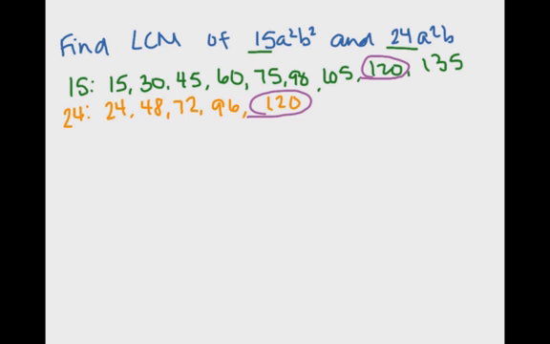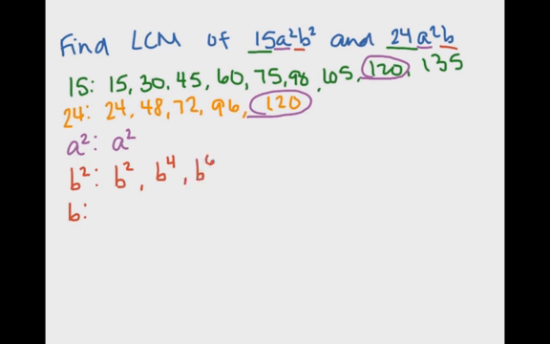Now we have to look at our variables. Okay. Notice we have a squared in both of them. So the only multiple of a squared that we need to look at is just a squared, because since it's already in both, we are not going to have to multiply by any a's to get them to be the same. Now we got to look at our b's. So we have b squared and b. So here we have b squared, and then the next would be b to the 4th, and then b to the 6th.